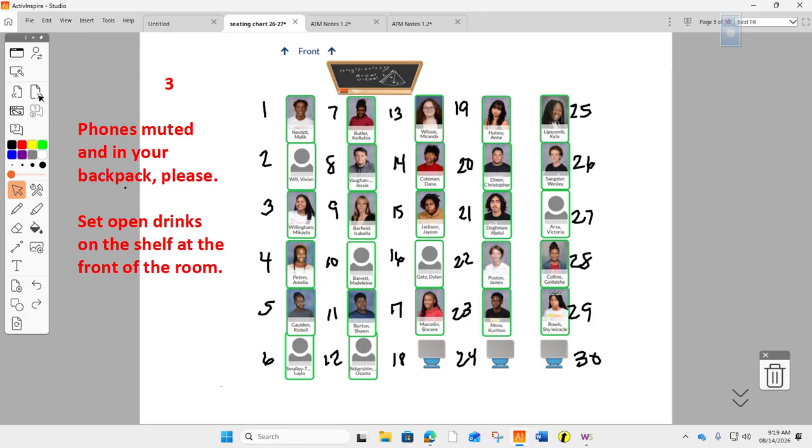All I want you to do is drop your phone and headphones in your backpack. Your stuff is not put away. Stop right there, put your stuff away. Your headphones in your backpack.